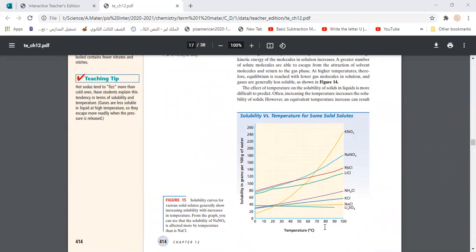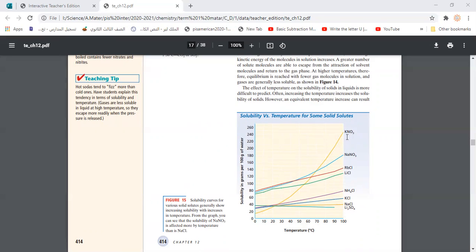As we could observe here in that chart, it represents different solid substances that dissolve in water at different temperatures. In all of them we find that by increasing temperature, the amount dissolved increases, but we could find that the rate is completely different. We don't have a fixed rate of this increase in dissolving.